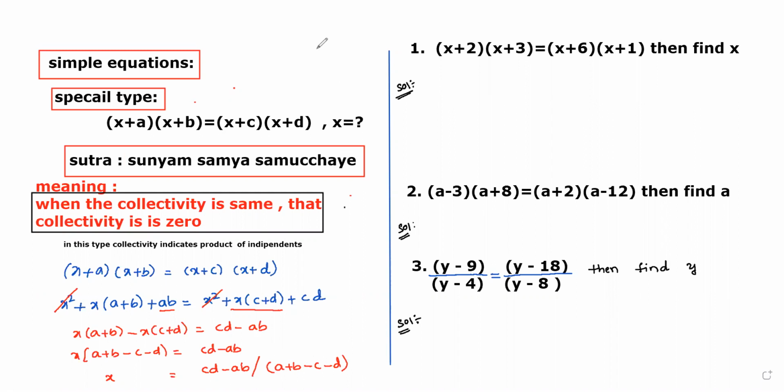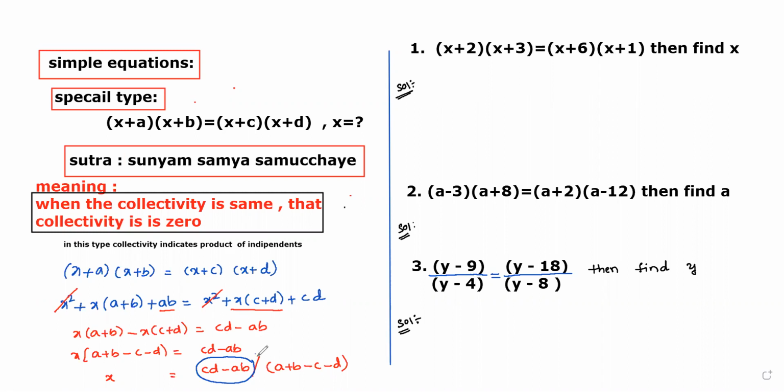If you take any question, you have to solve in this way. From this, we can observe that the numerator value is nothing but cd minus ab. That means it is the difference of the products of independent terms of the right side and the left side.